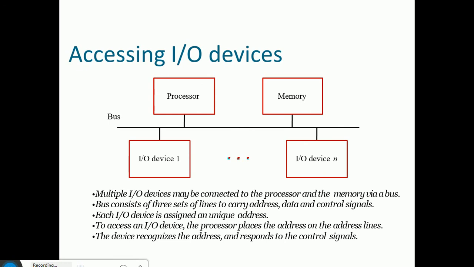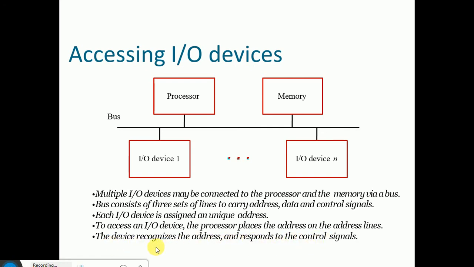Each input output device is assigned a unique address. As I have already told you, everything in the computing system is located by means of its address, a physical address, which tells where it is accessible. The processor places the address on the address lines, and the device recognizes the address and responds to the control signals.